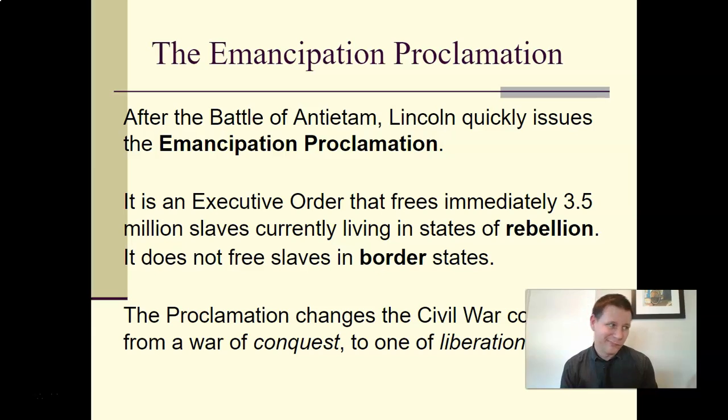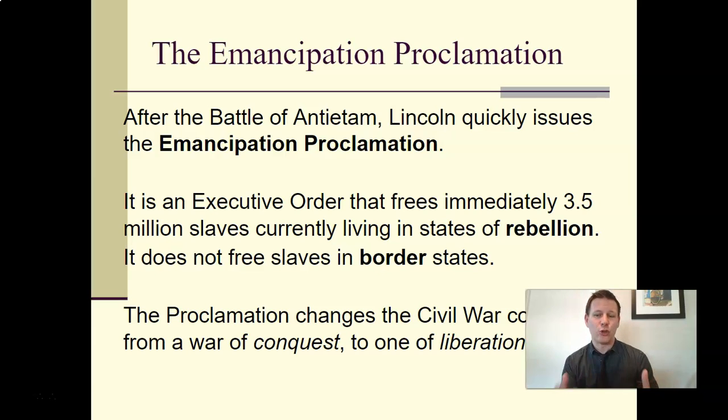However, there's a catch-22. There always is, right? As much as we like to talk about the Emancipation Proclamation, in reality, it ended up freeing 0 slaves. The way it was written, it only freed slaves in states of rebellion, which basically means the fine print said that the border states, right, the ones in between, their slaves could still be kept because they weren't rebelling.